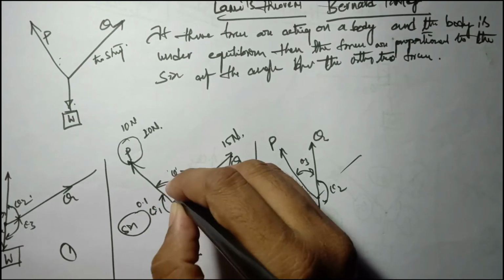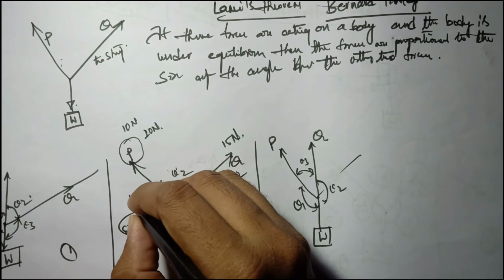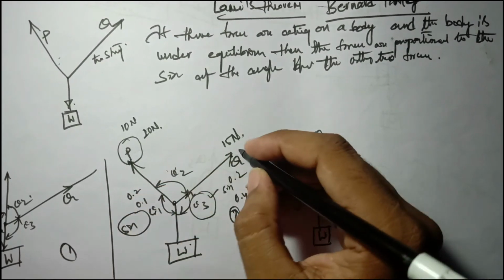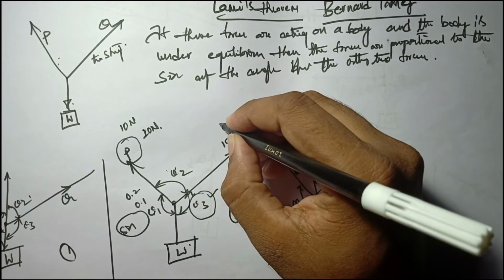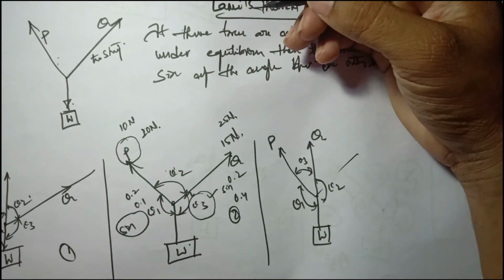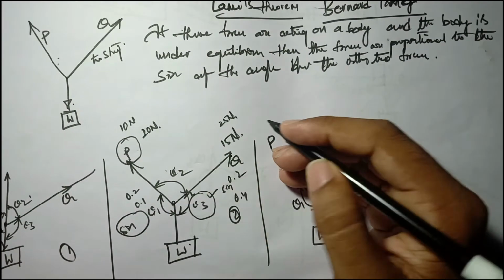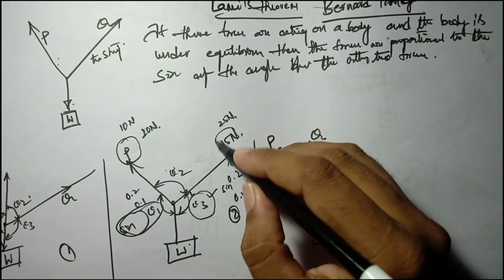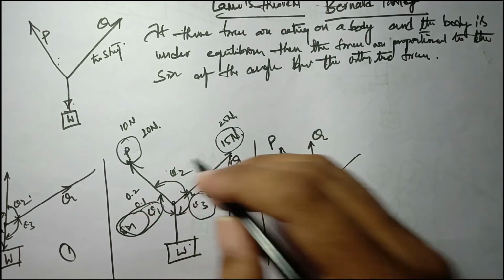If this angle is changed, say the sine of theta 1 now became 0.2, then this will become somewhere like 25 Newtons, because these two should be proportional. The sine of this angle is proportional to this force. That is what Lamy found.